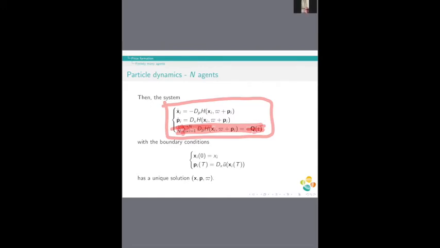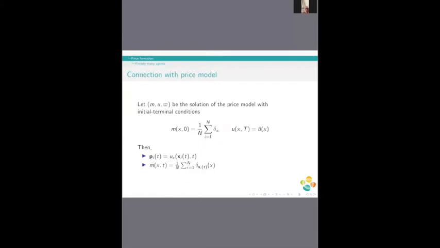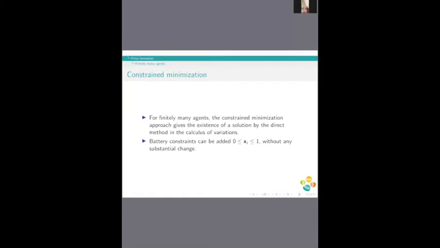But this is something that has been studied quite a lot in the literature. Hamiltonian systems with constraints are reasonably well understood, and this is exactly one of them. So this is how finitely many agents can be put in this mean field game framework.